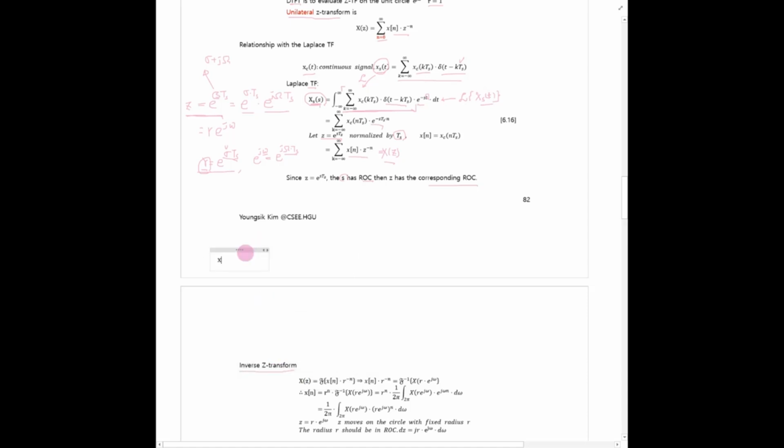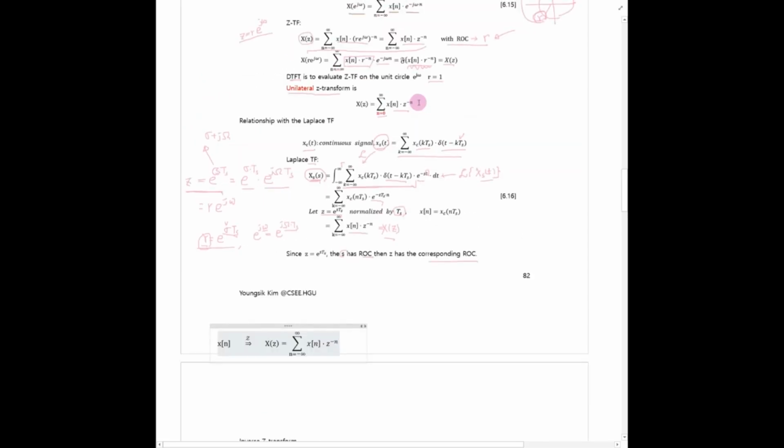If we have the x[n] sequence, I would like to take a z transform.